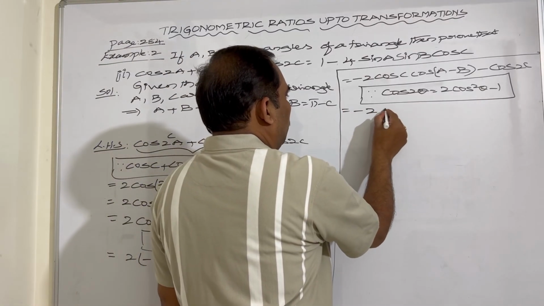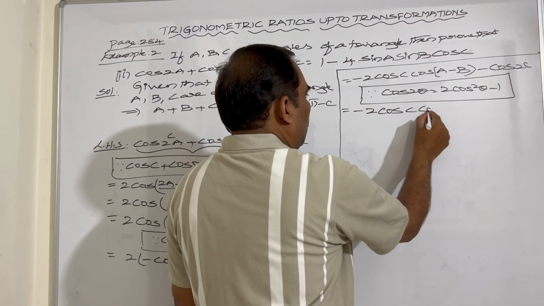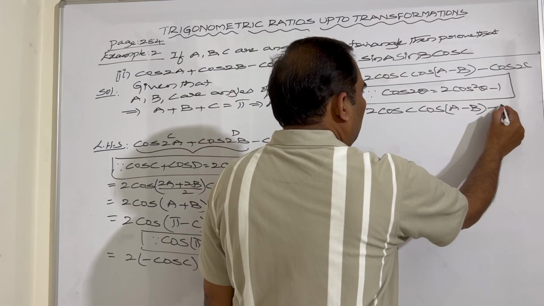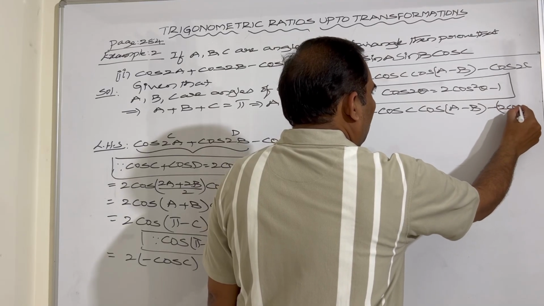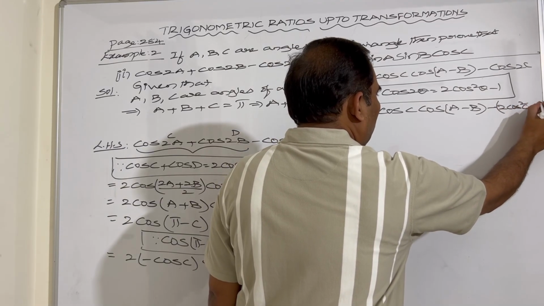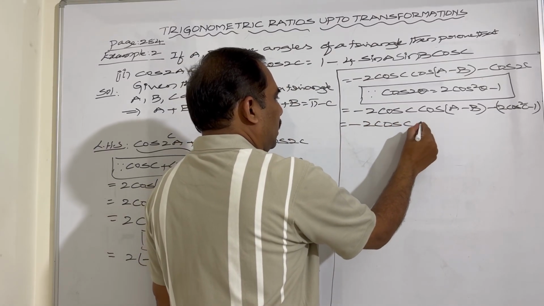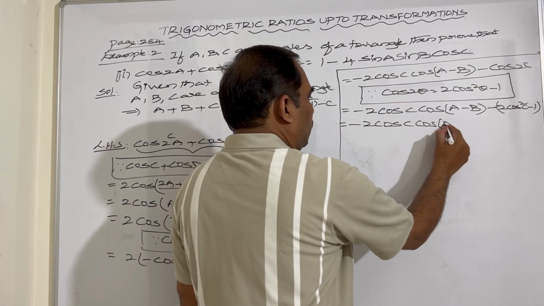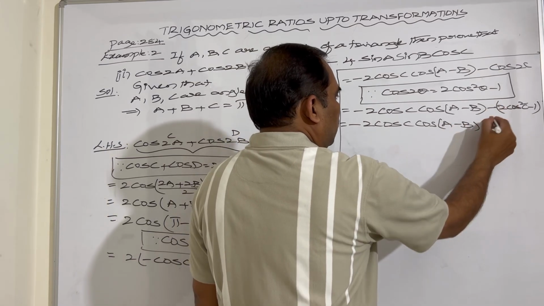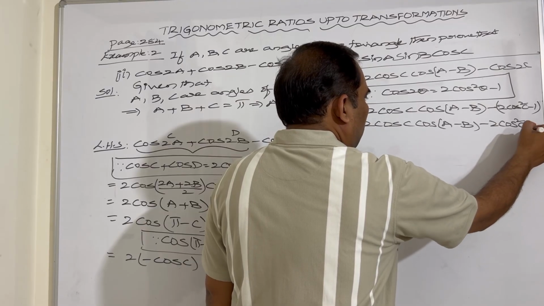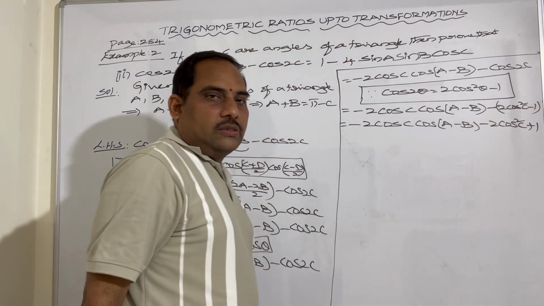So this is equal to minus 2 cos C into cos of (A minus B), and minus (2 cos square C minus 1). Here minus 2 cos square C, and minus into minus is plus 1.